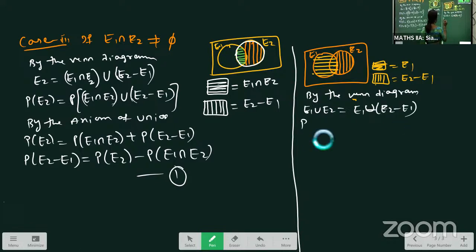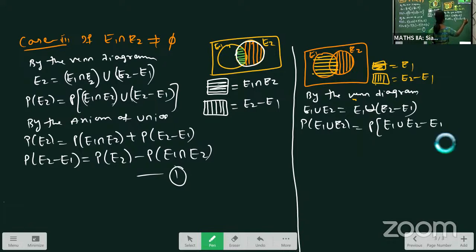Apply probability. P of E1 union E2 is equal to P of E1 union E2 minus E1. Expand the union. So it is P of E1 plus P of E2 minus E1.